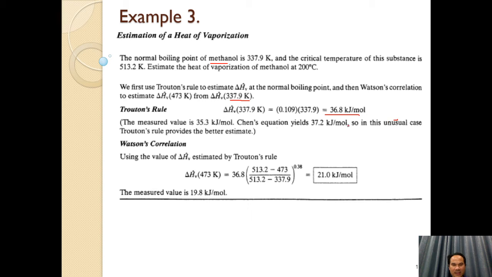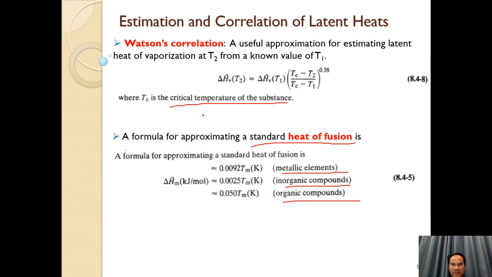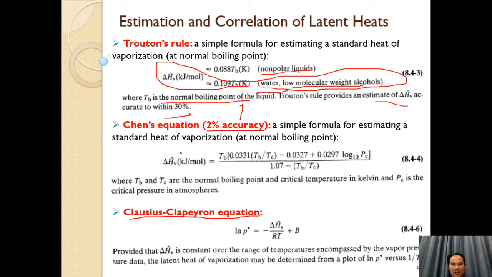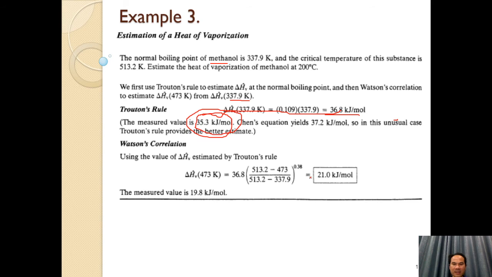This is close to the value from the table, the measured value. And then if you use the Chen equation, delta SV equal to this term, approximately 37.2 kilojoule per mole. That means the result is close to the true value.